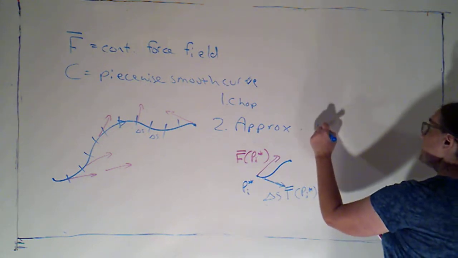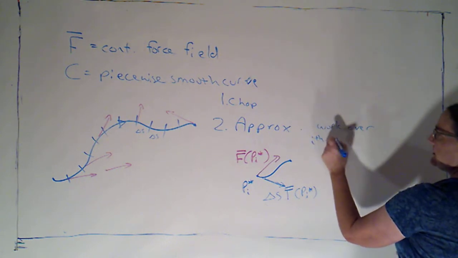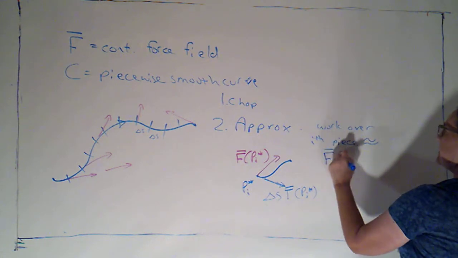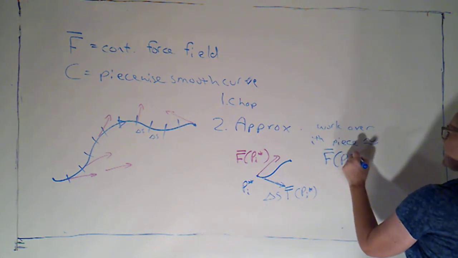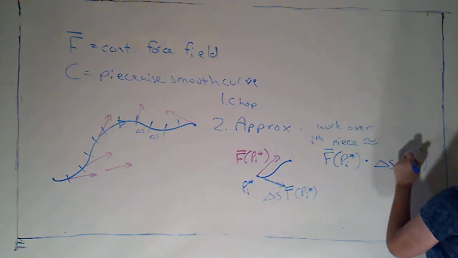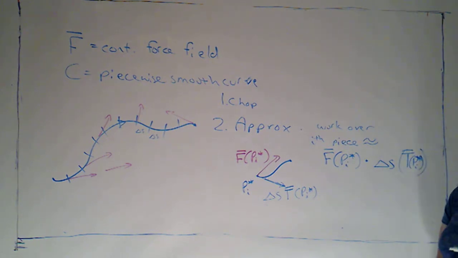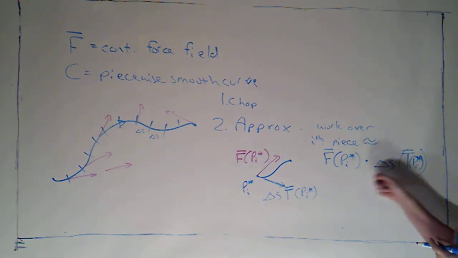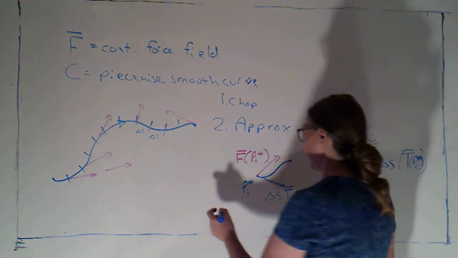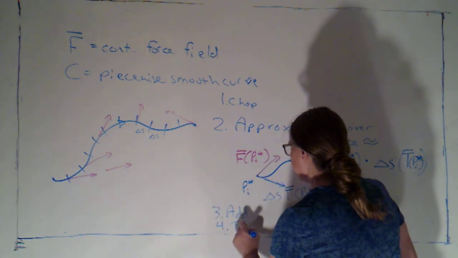And then I can say the work over the ith piece is approximately the force at pi star dotted with delta S times the unit tangent vector at pi star. Cool. So now, of course, I'm just going to add these and take the limit. So step 3 we add, and step 4 we take the limit.